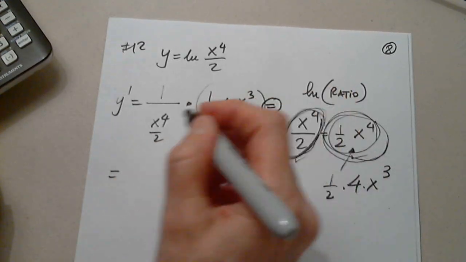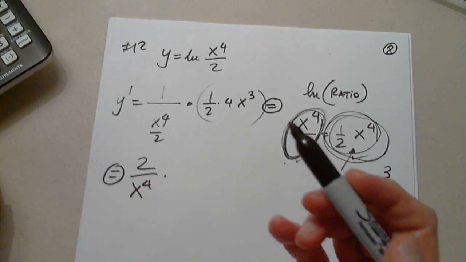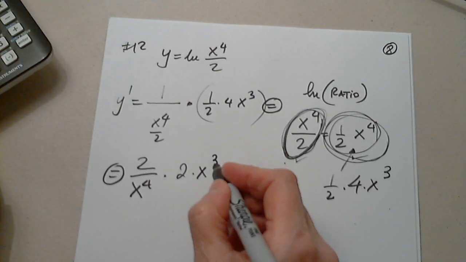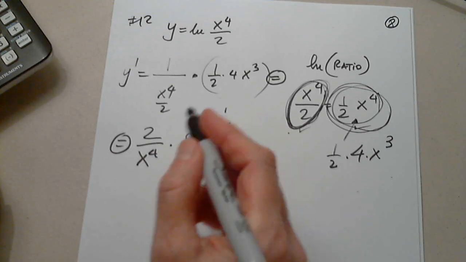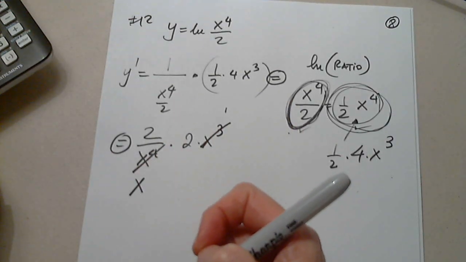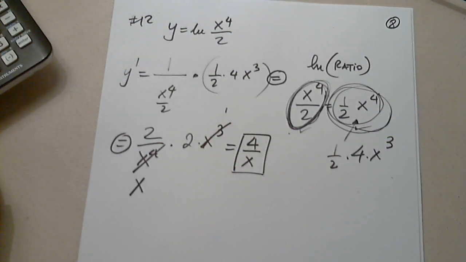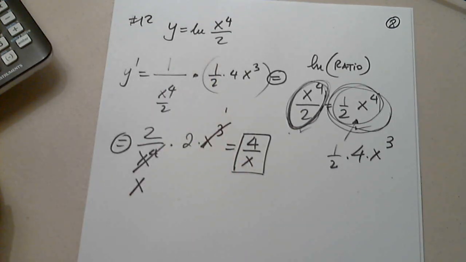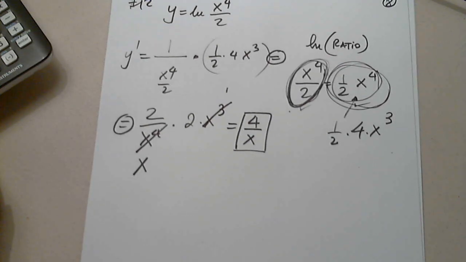So I flip and I get 2 over x to the 4th times 2 times x to the 3rd. I simplify these two. I remove 3 from here and 3 from here. So the final answer is only 4 over x. That's it. That's the derivative of that function. Any questions on this first attempt?